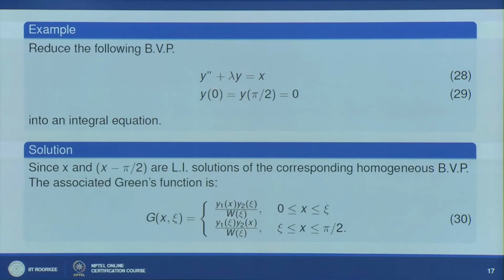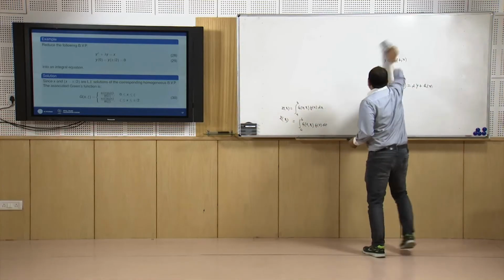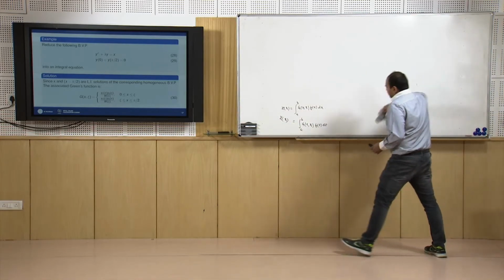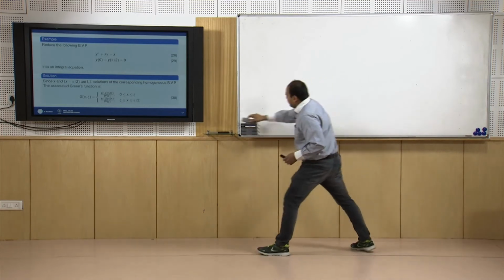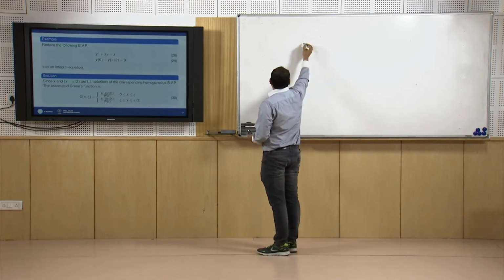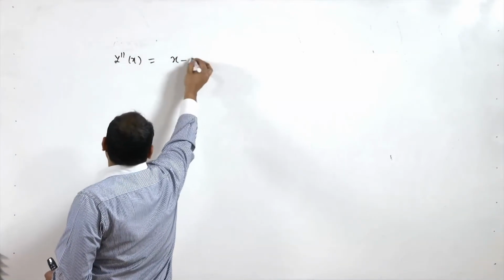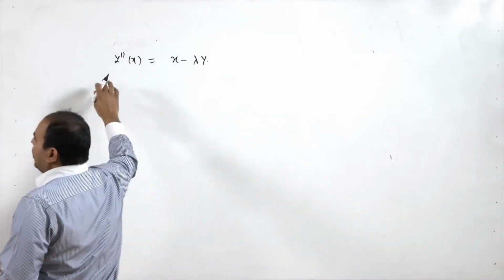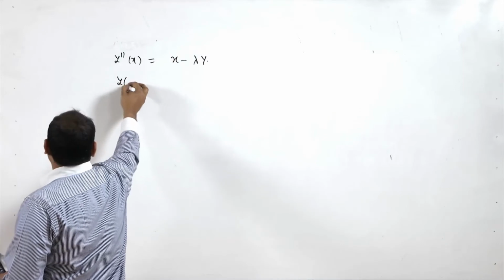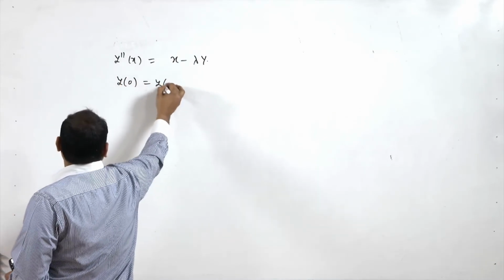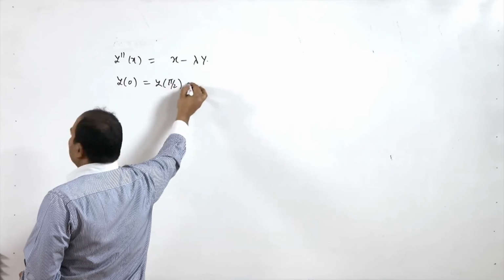So for this problem, we look at it as y''(x) = x − λy, and we have y(0) = y(π/2) = 0.